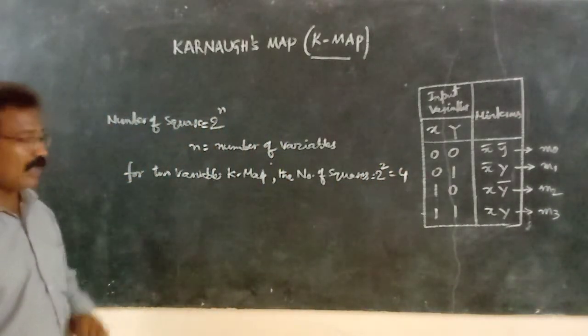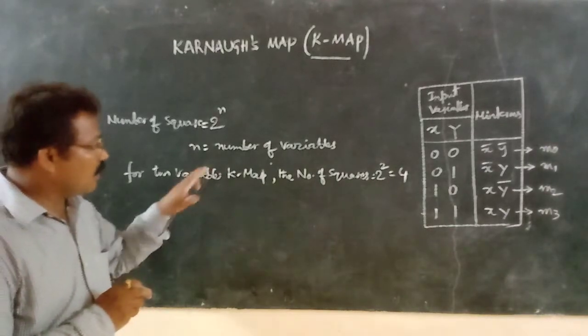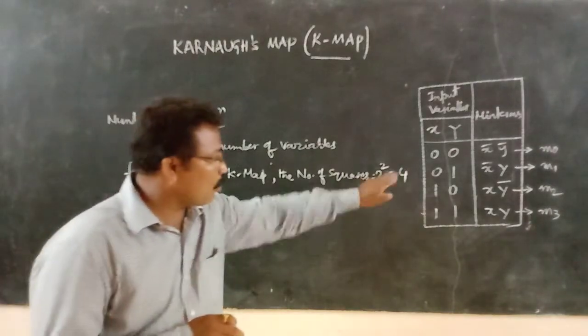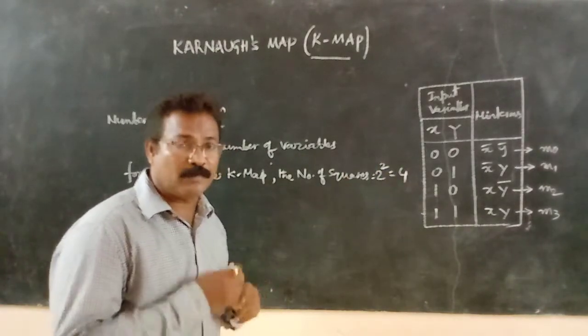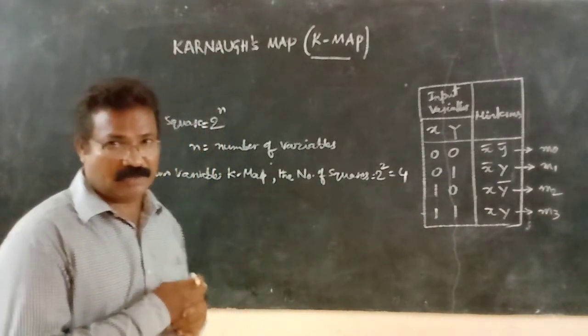If you are taking two variables in the K-map, the number of squares present is 2 to the power of 2. Here 2 is the number of input variables. So totally 4 squares.